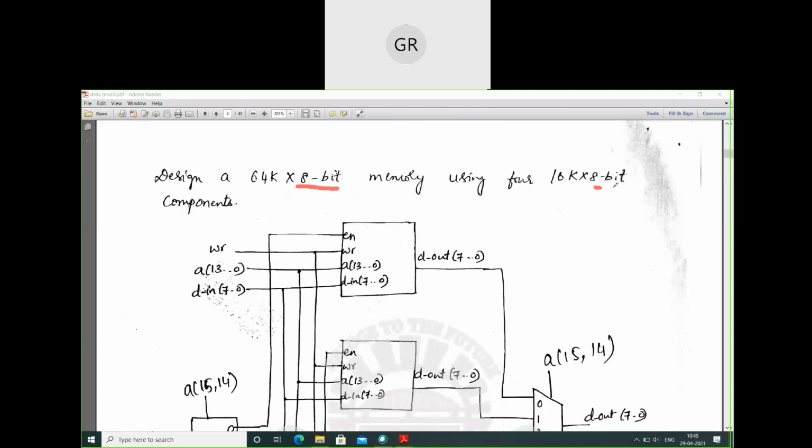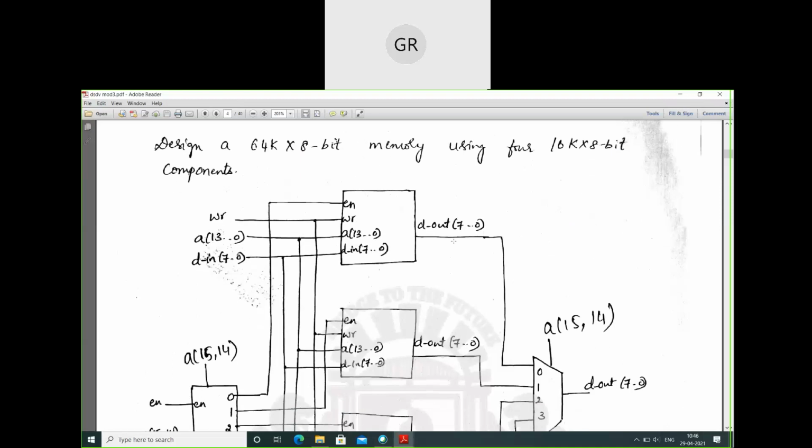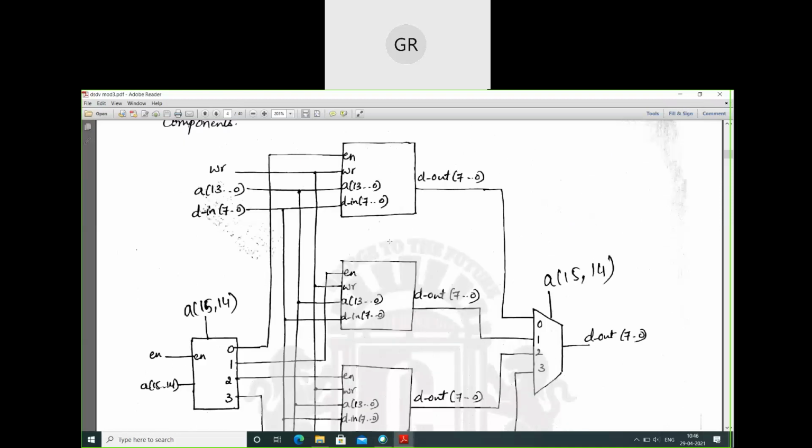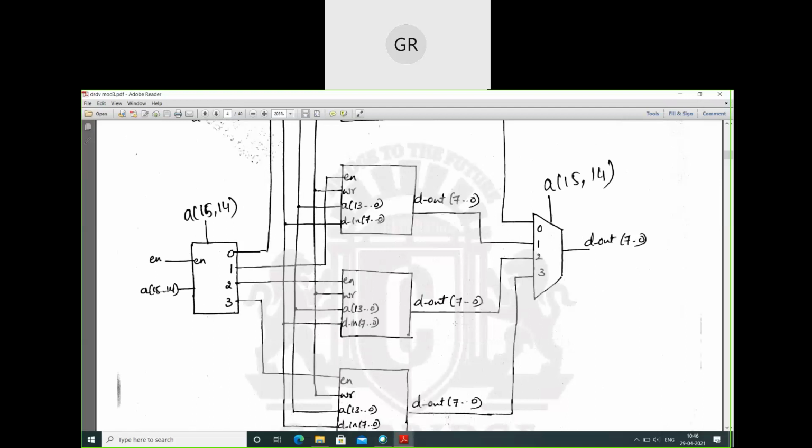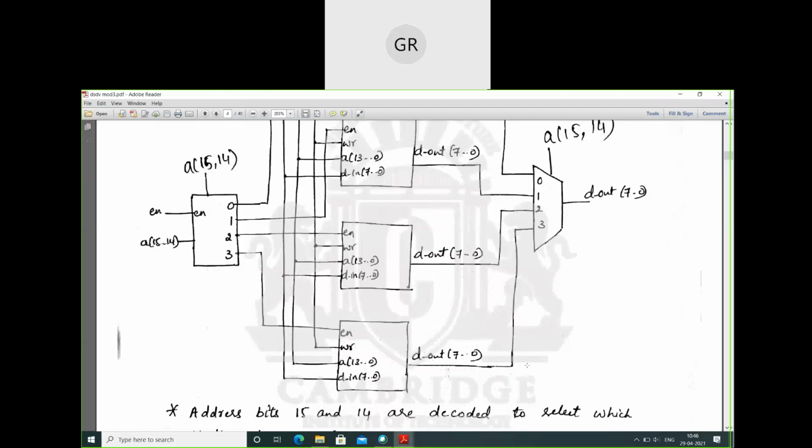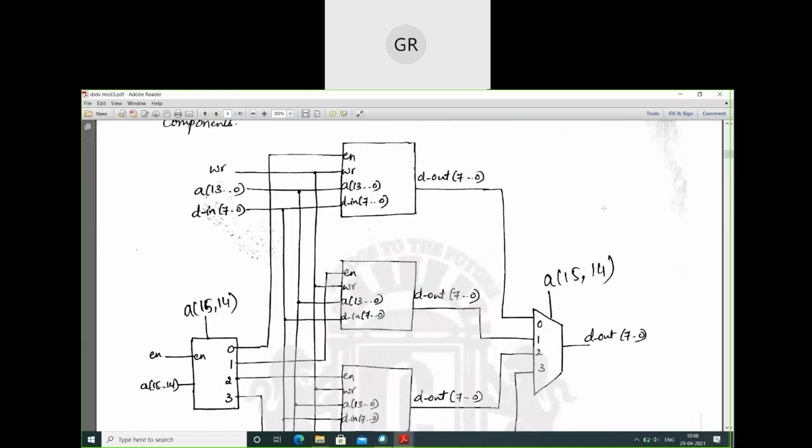But here also we are getting 8-bit, here also 8-bit. Then I will get the remaining data. See here what it did: 8-bit from this memory, 8-bit from this memory, 8-bit from this memory, and 8-bit from this memory.